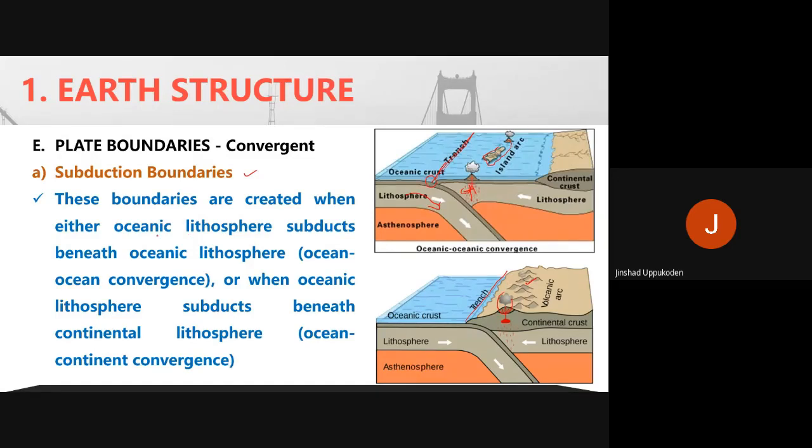So as such, either oceanic lithosphere subducts beneath the oceanic lithosphere, means one ocean lithosphere subducts below another ocean lithosphere, or one oceanic lithosphere subducts beneath the continental lithosphere, means this oceanic lithosphere is going below the continental lithosphere. This happens.